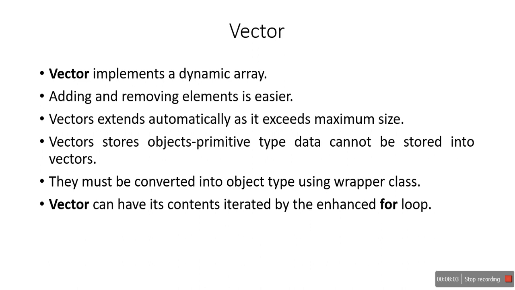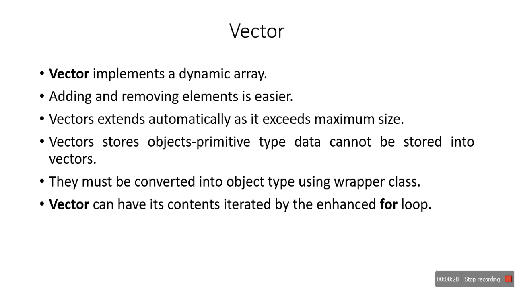By using those methods, removing and adding elements is very easy. Next, a vector extends automatically. It means if you want to store more than the specified size, the vector automatically exceeds its maximum size, meaning it increases its size.